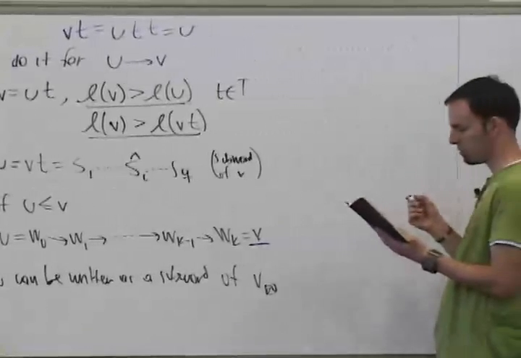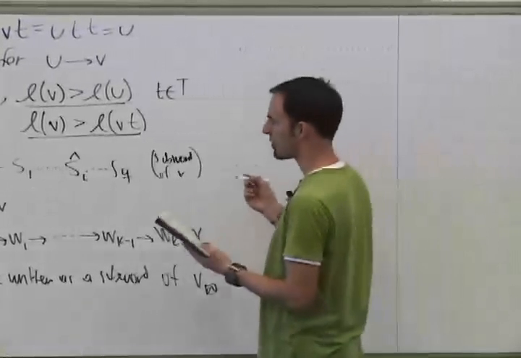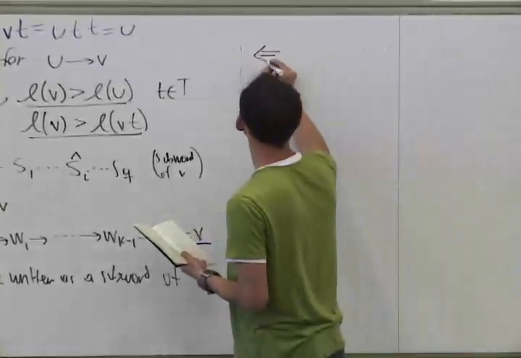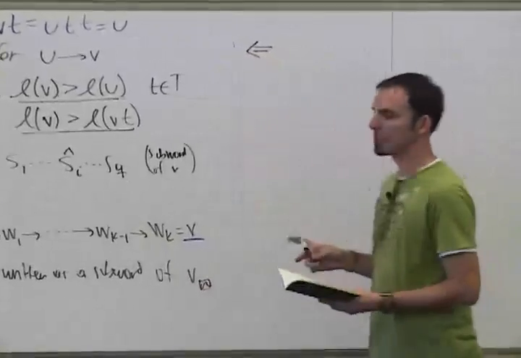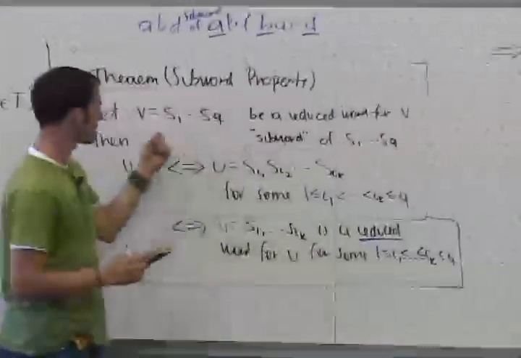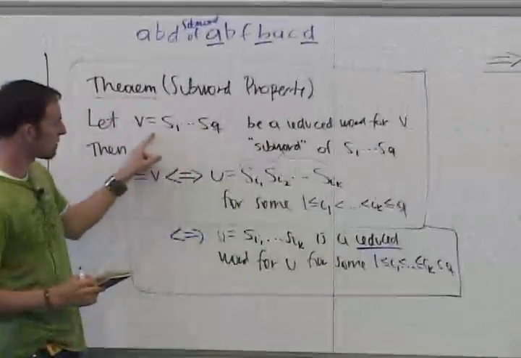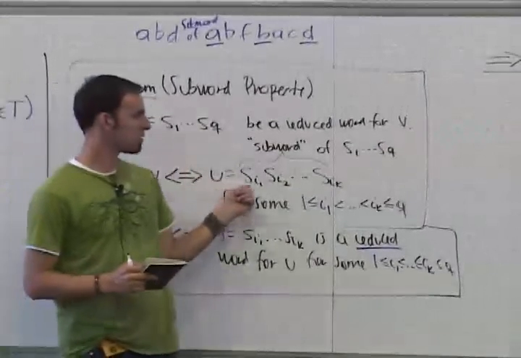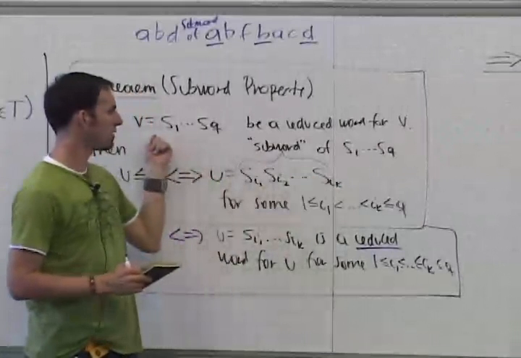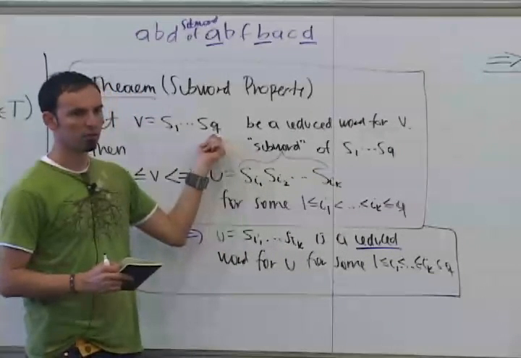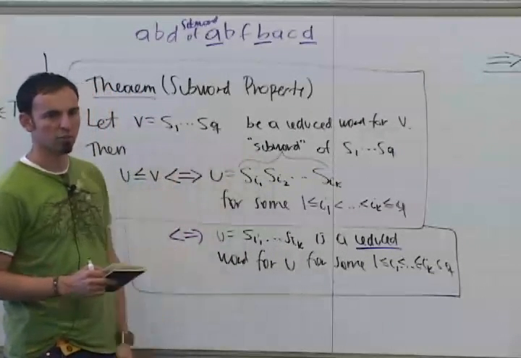Now, let's prove the other direction. So basically what I have to do is show that every subword of a reduced word is smaller than it in the Bruhat order.